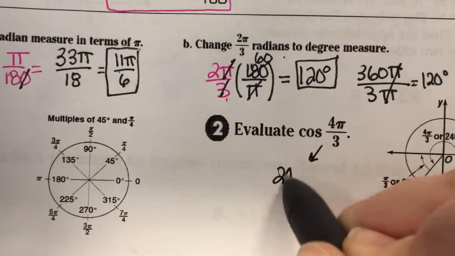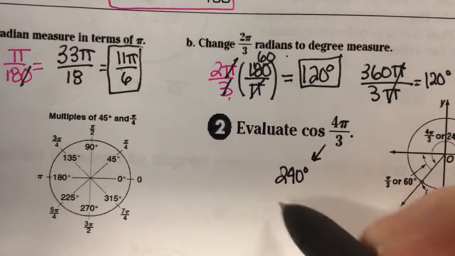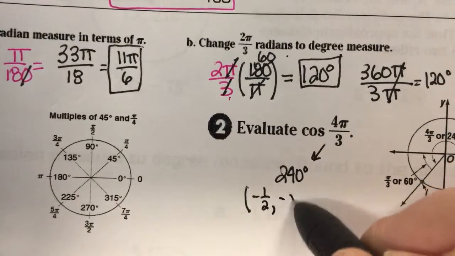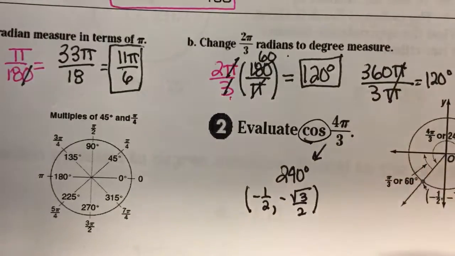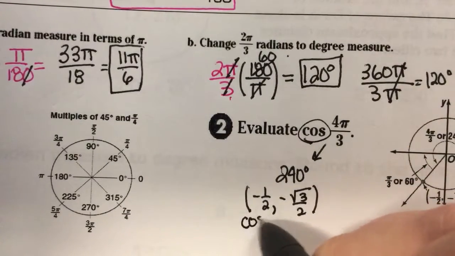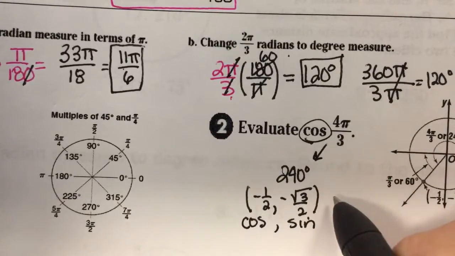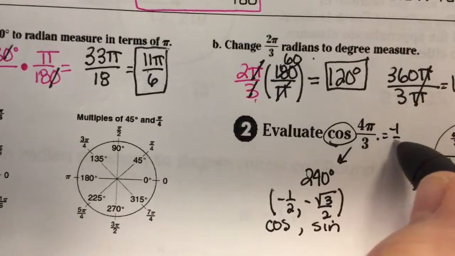On my unit circle, those coordinates are negative 1/2, comma, negative root 3 over 2. They asked me for cosine. The coordinates are written in cosine, sine. So cosine would be negative 1/2. So this is equal to negative 1/2.